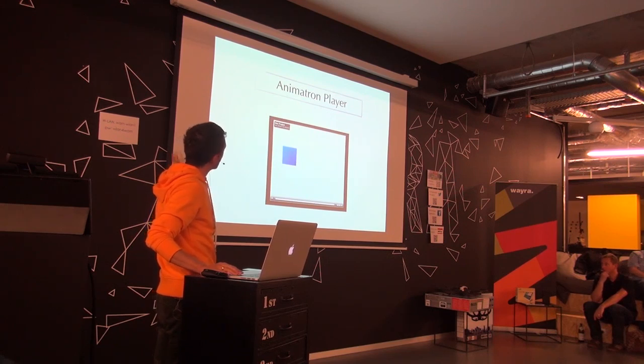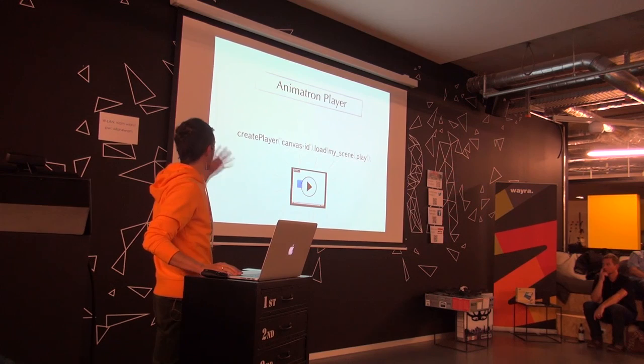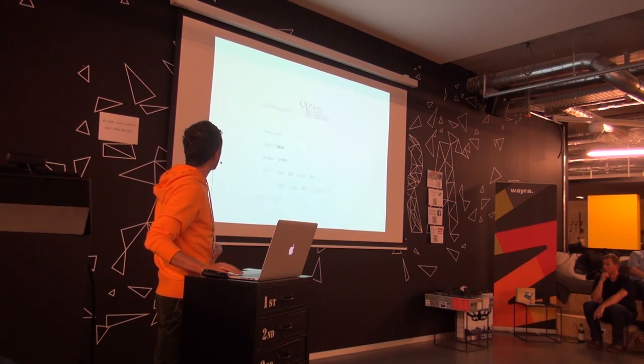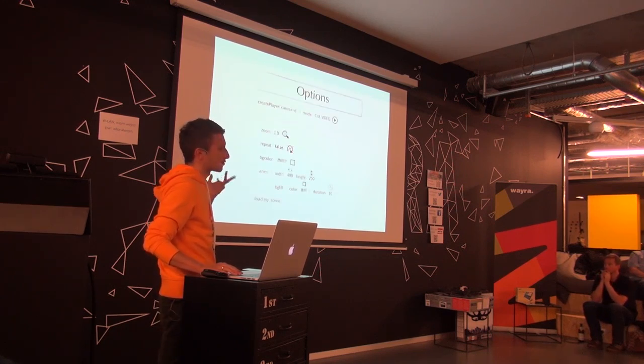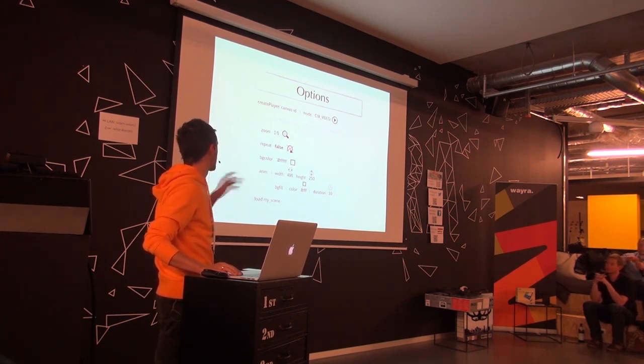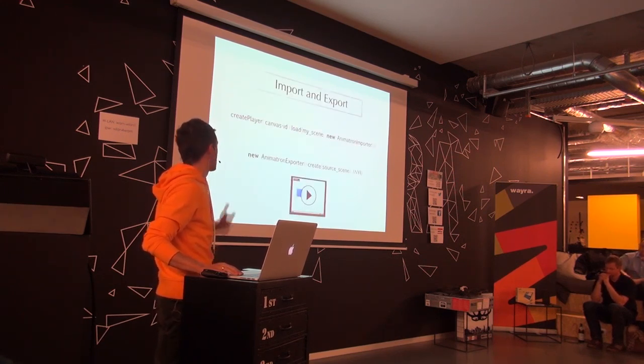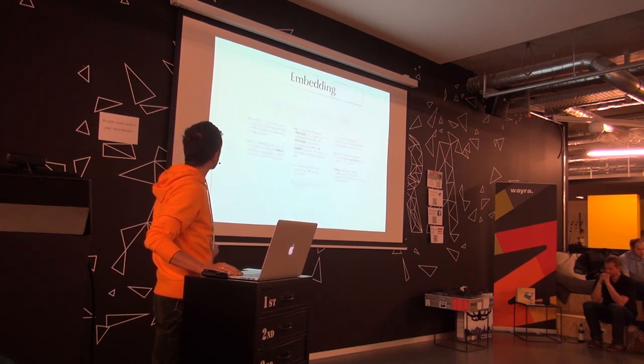So here is the player in its a bit old version. You may create it, load some scene, and ask to play from some time. You have a lot of options, like different modes for player, including debug mode. You may change zoom, repeat scene or not, change background, width, height, and all that stuff. And you have custom importers.